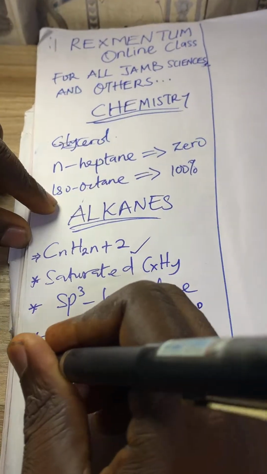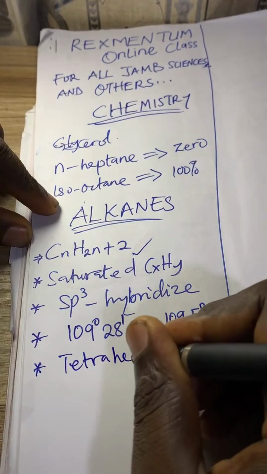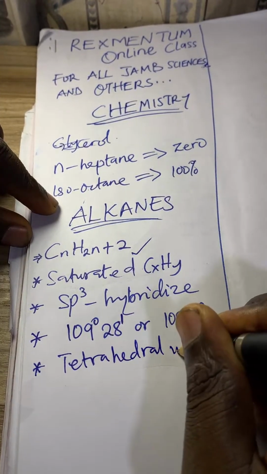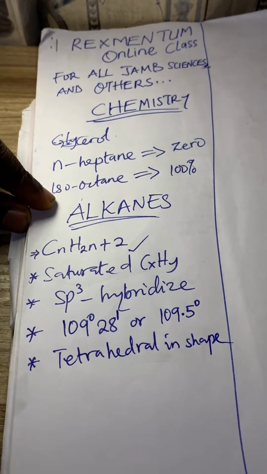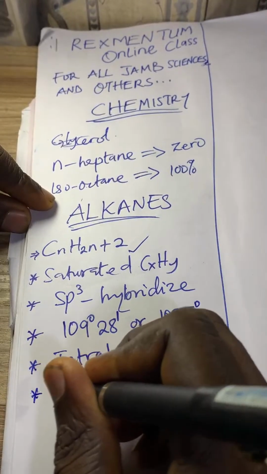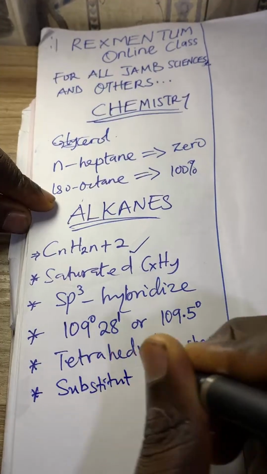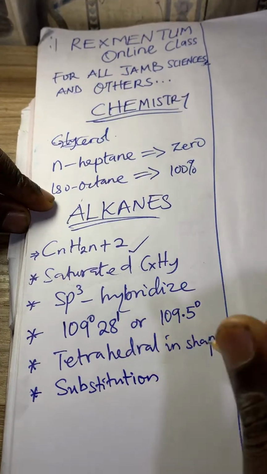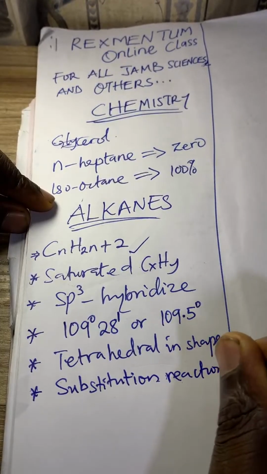Don't forget, alkane is tetrahedral in shape. And lastly, it undergoes mostly substitution reaction as its most peculiar chemical reaction.